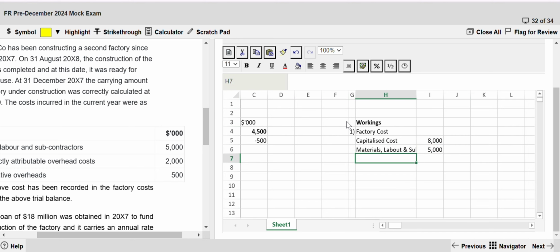Then വേറെ എന്താണ്? യെസ്, അതർ ഡയറക്റ്റ് ഓവർഹെഡ്സ് എത്രയാണ് എമൗണ്ട് വരുന്നത്? 2,000, correct?